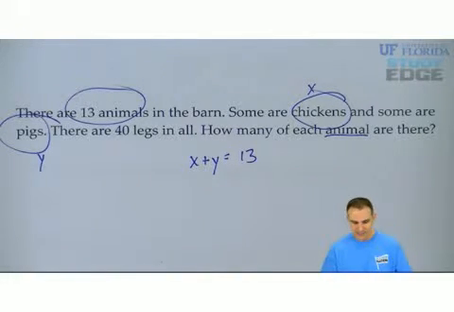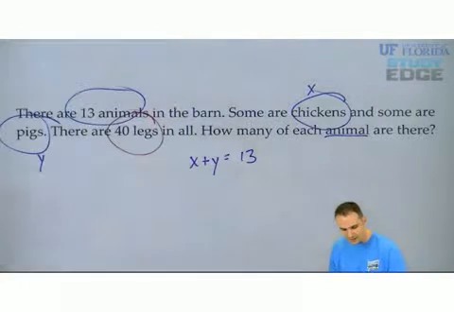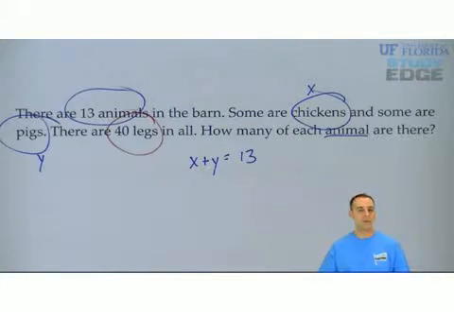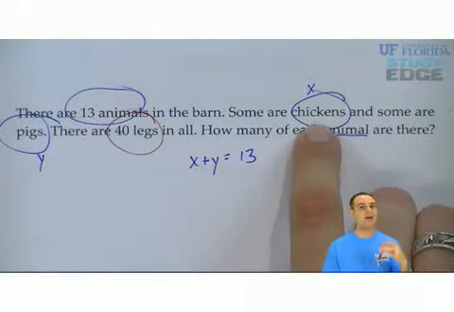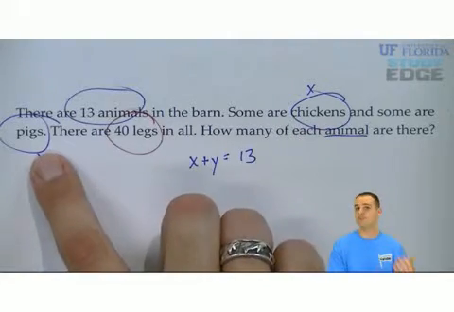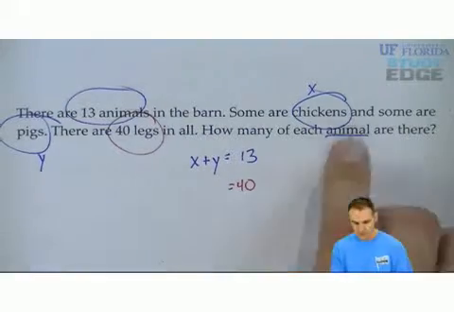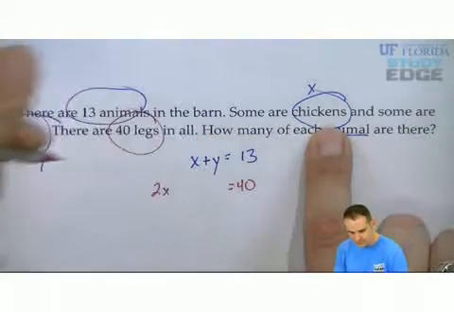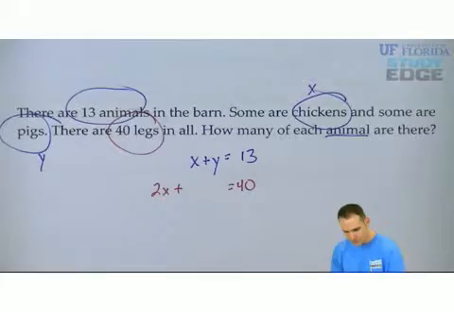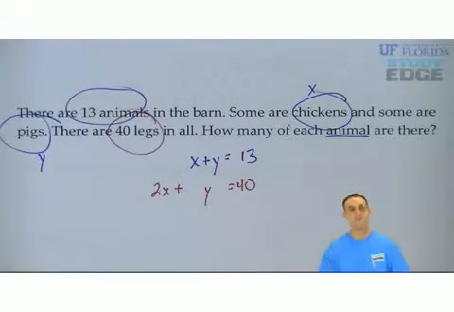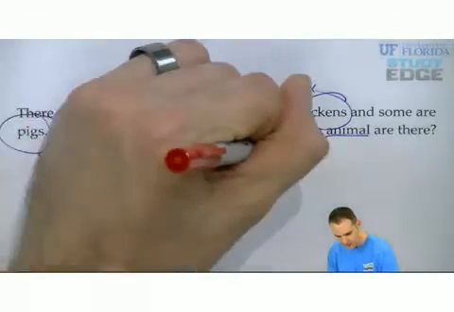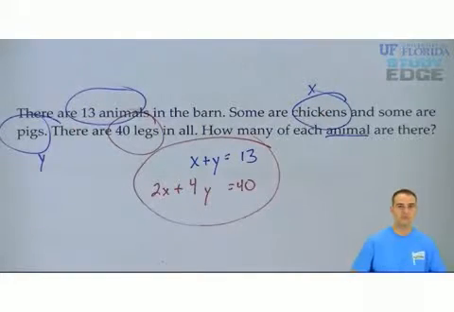Well, the other one is there are 40 legs in all. So that means we have to total up how many legs. Chickens have 2 legs, pigs have 4 legs. And the total number of legs is 40. So for every chicken, we have 2 legs. And for every pig, we have 4 legs. Those are our 2 equations.